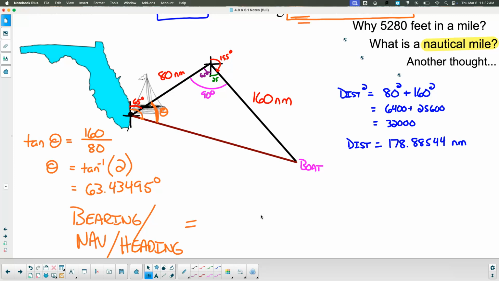So you're saying that that's going to be 65 degrees plus this 63.435 degrees, right?